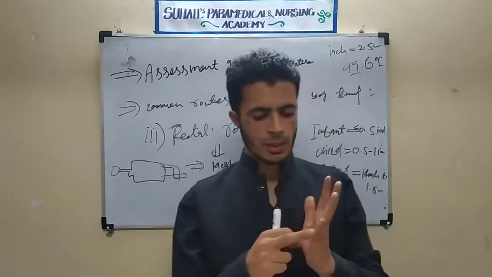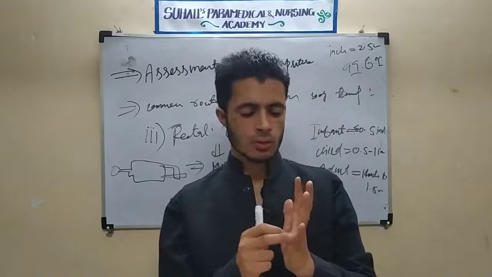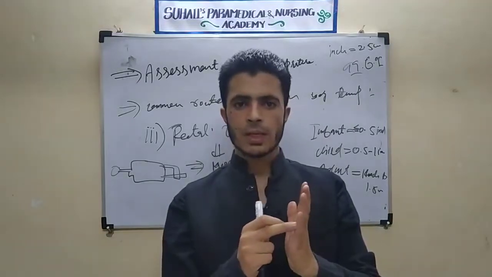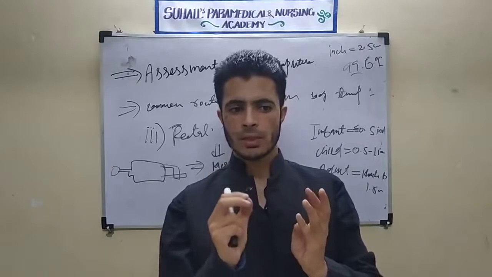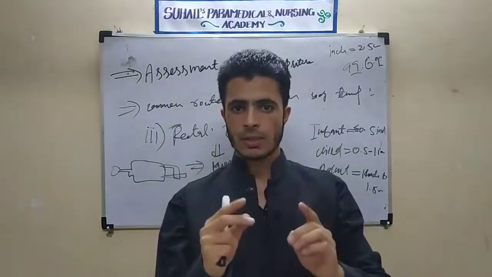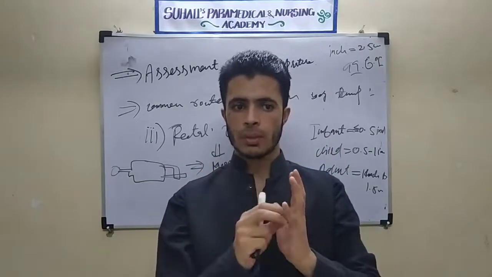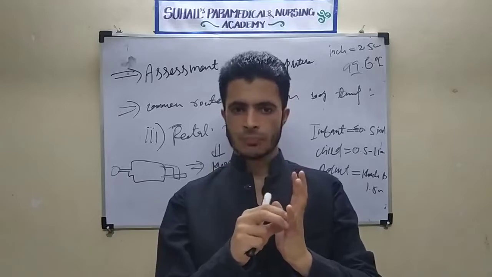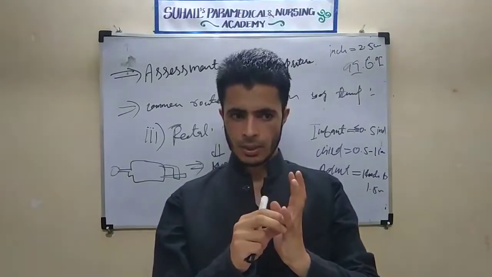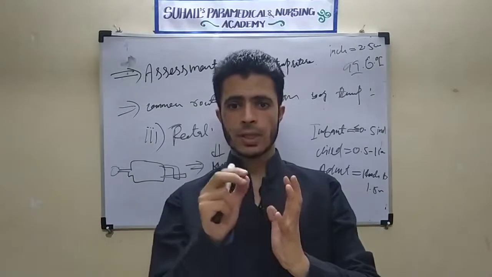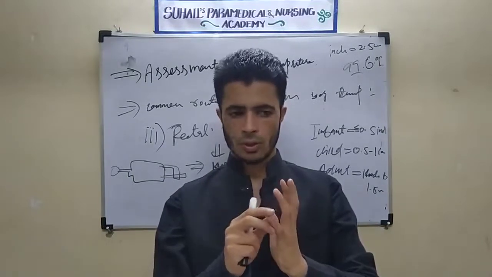Hemorrhoids are also called piles. Second, if there is any bleeding disorder. Why? Because there is a high blood supply in the anus, it can cause bleeding when we are inserting the bulb. Also in case of a rectal surgery patient, if there is any other surgery, then we will also not put it.